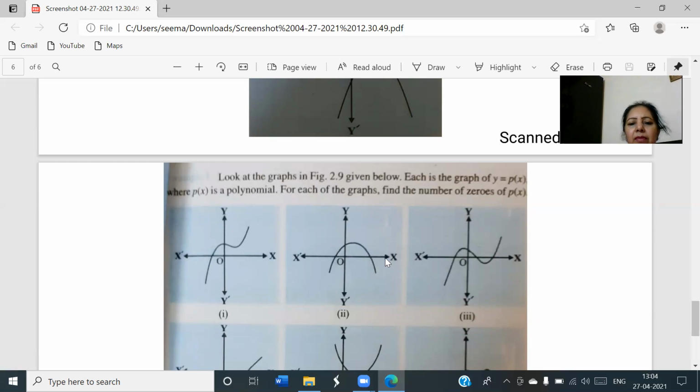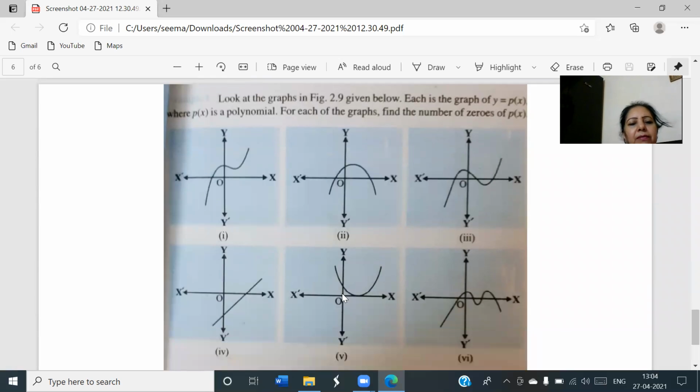Here, this is a parabola which intersects the x-axis at 2 points, 1 and 2. There are 2 zeros. This graph intersects the x-axis at 1, 2 and 3 points, meaning there are 3 zeros.